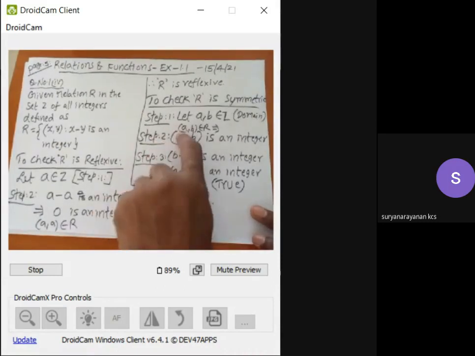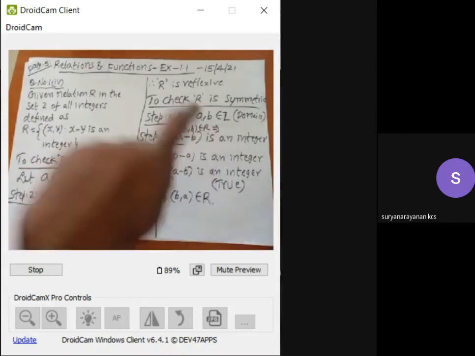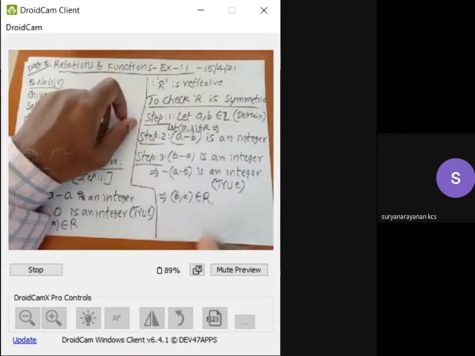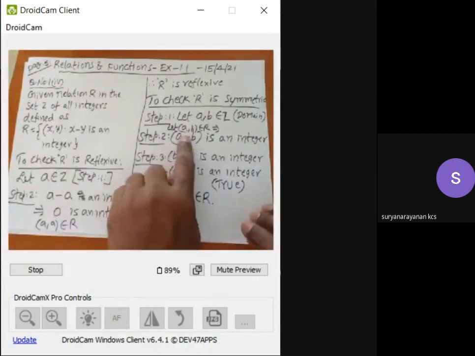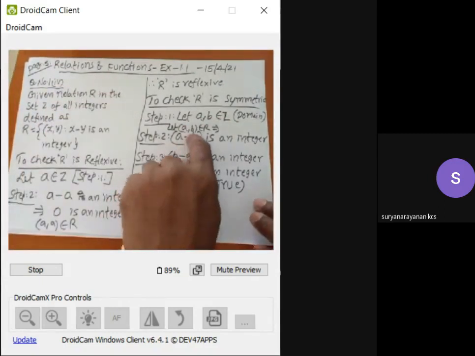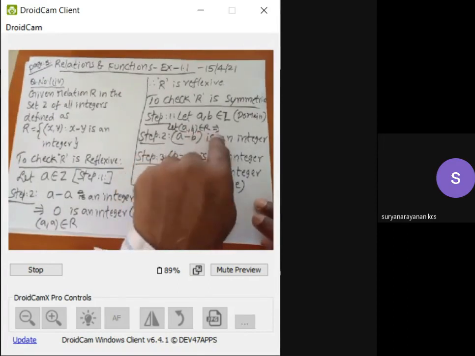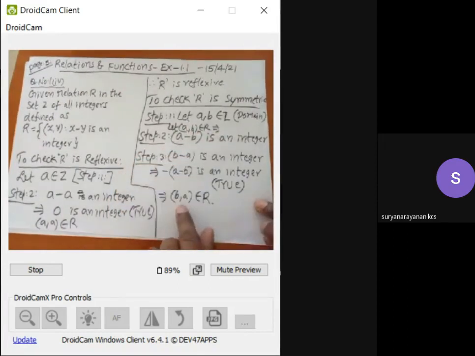In step 2, we have chosen and let ordered pair a comma b belongs to R. After taking the second step, ordered pair a comma b belongs to R, finally we got the conclusion that ordered pair b comma a is also in the relation R. Then what do you say about this relation?